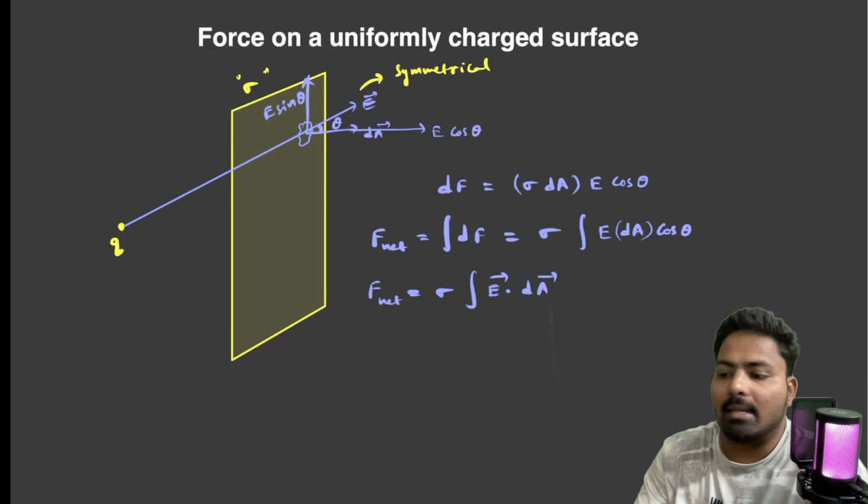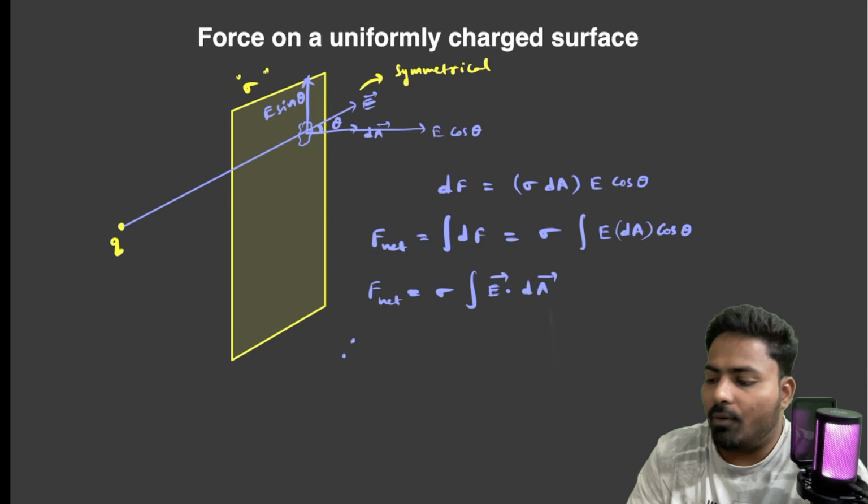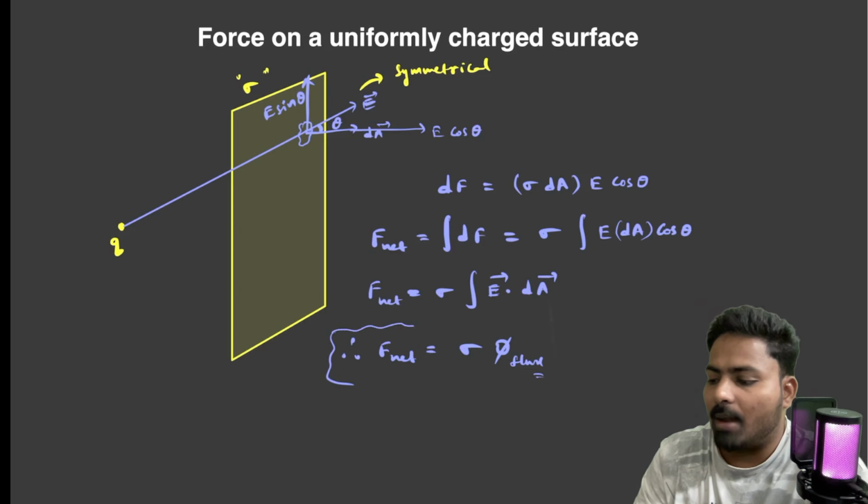That means it's nothing but the flux due to this point charge through this surface, right? So therefore, the net force I can simply write is nothing but the surface charge density multiplied by the flux. So this will be our force magnitude.